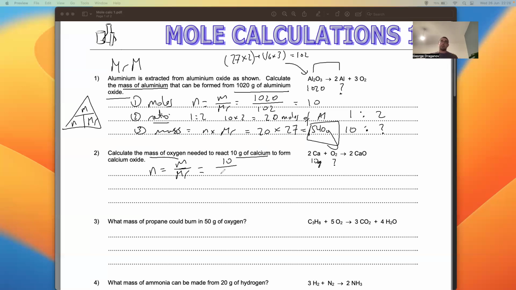Now, if you look that one up, it's 40. So that gives you 0.25. Second step is the ratio. The ratio is 2 to 1. So if this is 0.25, then this oxygen must be half of that, which would be 0.125.